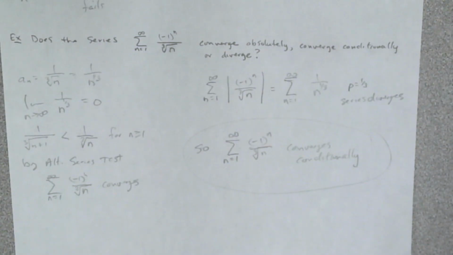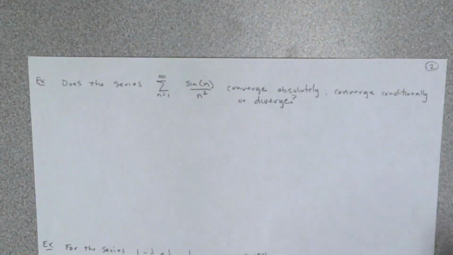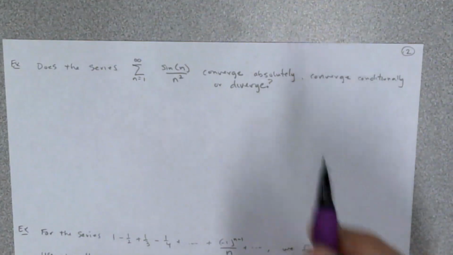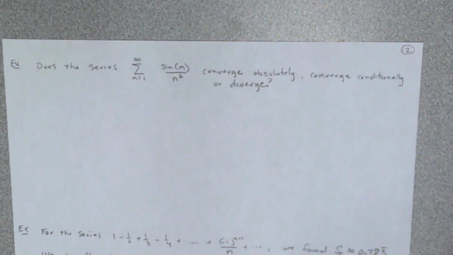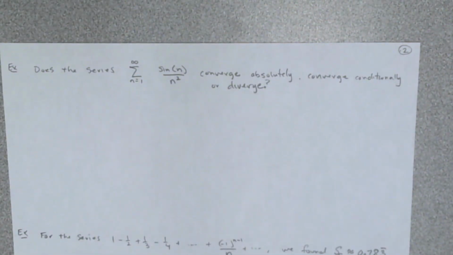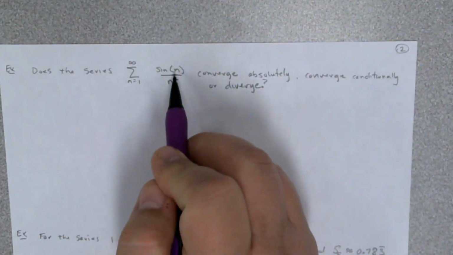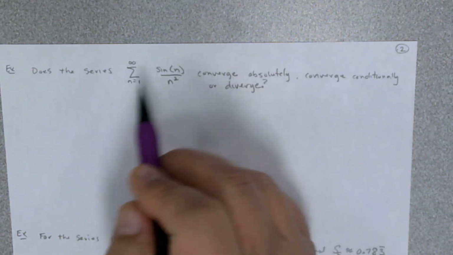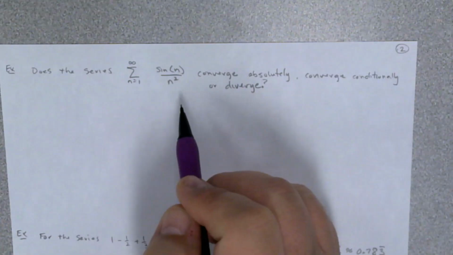Okay, let's take a look at another one. Does this series converge absolutely, conditionally, or does it diverge? This series has many positive and negative terms, but is not an alternating series. The signs of the values turn positive in the first and second quadrants, then negative in the third and fourth, and it just keeps on doing that.